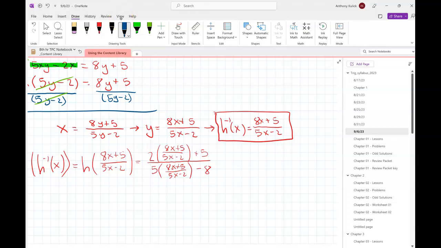And take a look at that gross looking thing. Anybody remember from last year what we call that when you have a fraction inside of a fraction like that? We call that a complex fraction.